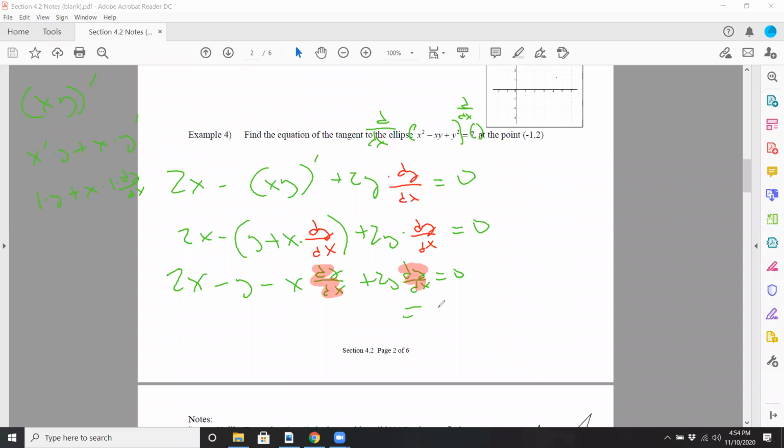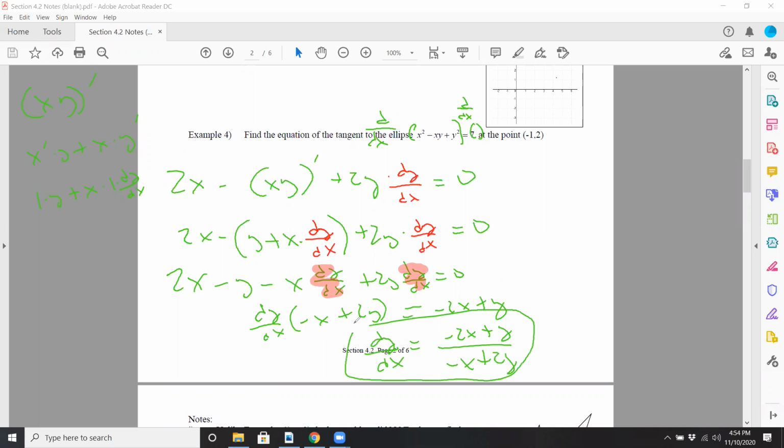So now it becomes -2x plus y on the right side because those guys moved over, right? Factor out dy dx, and I'll have -x plus 2y. Now dy dx can be isolated. It'll be -2x plus y over -x plus 2y. Nothing can cancel here. Just leave it as is. And that's going to be your derivative.